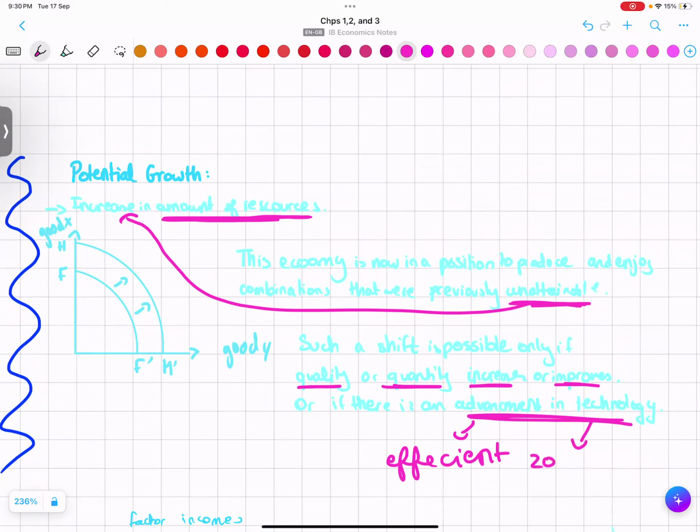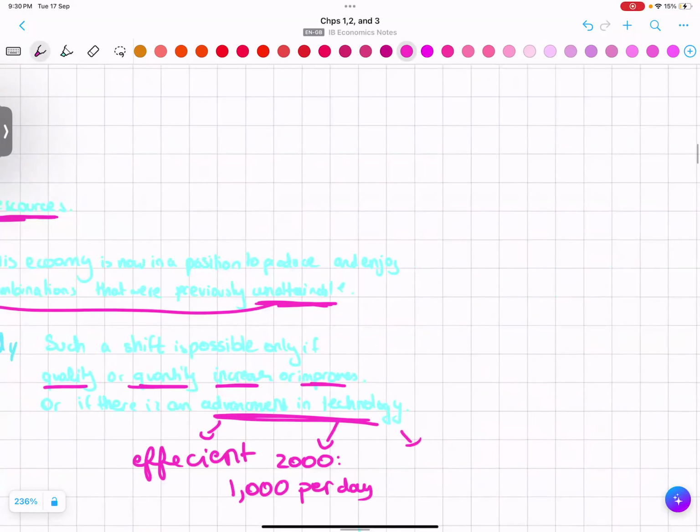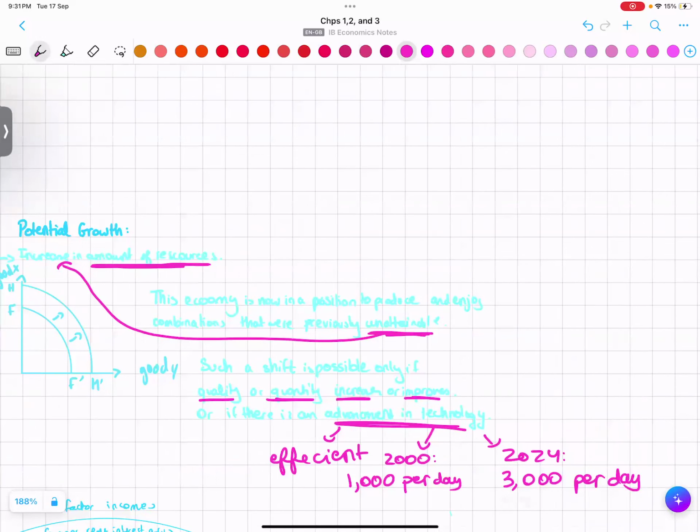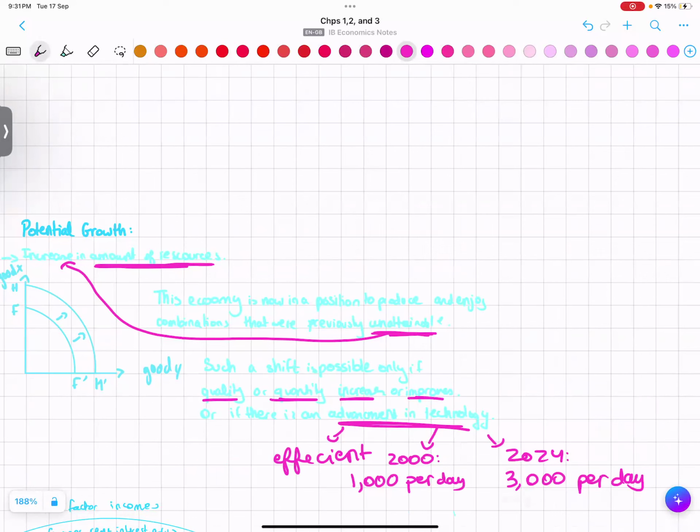In the year 2000, this machinery could produce, let's say, 1,000 cupcakes per day. Now, in 2024, it can produce 3,000 per day. This is a very hypothetical example, but this is how the PPC can shift outwards, a shift in the curve itself.